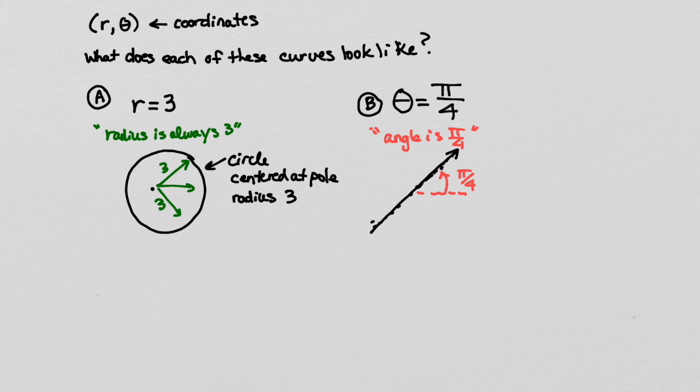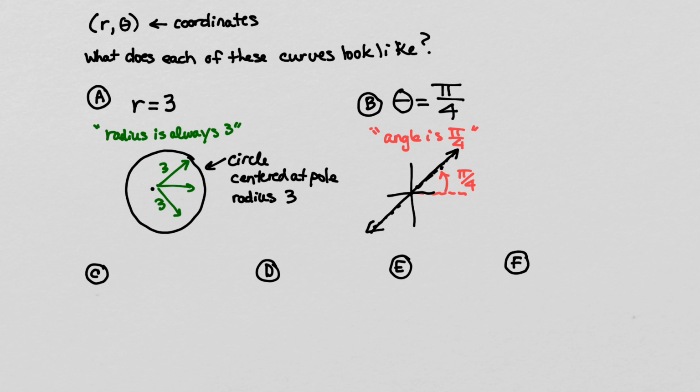It is just a line, and that line is at 45 degrees, or pi over 4. So the equation theta equals pi over 4 is just a straight line. Okay, well, those are simple curves. What if we get some more complicated curves going?